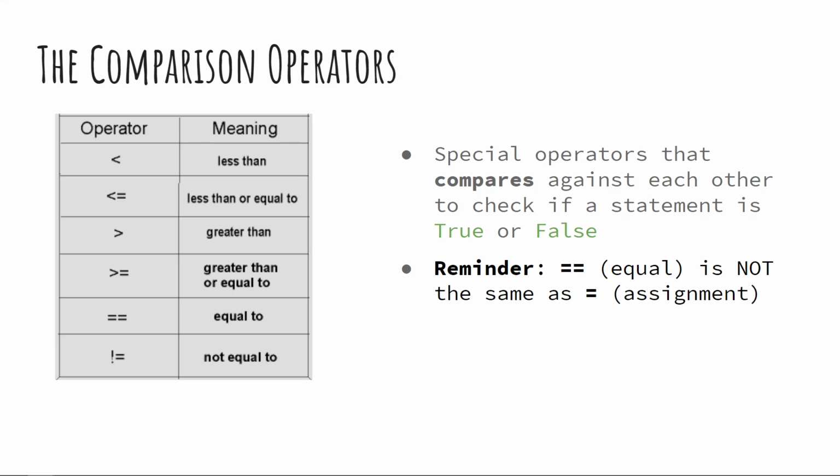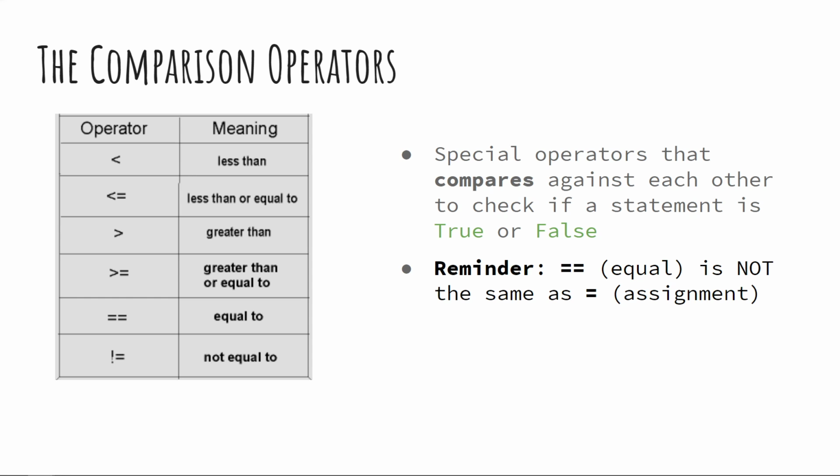So we then have the comparison operators, also known as the relational operators, because they talk about how two items relate to each other. So these all pretty much should be straightforward. We have less than, which is the less than sign. We have less than or equal to. We have greater than or equal to. And then we have equal to, and you'll note that that's two equal signs, because one equal sign is our assignment operator from before.